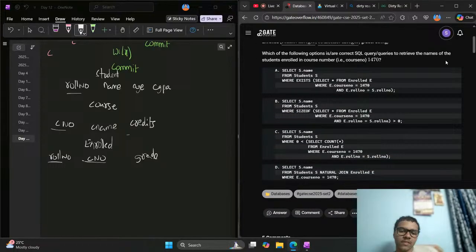Size of is a function where 0 is less than.